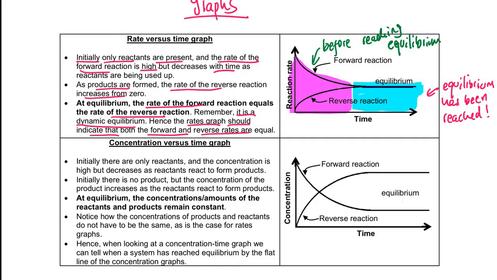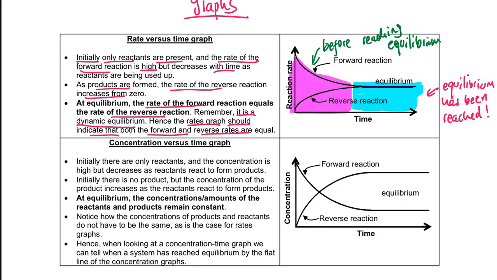I hope we are okay so far. Now, why am I highlighting this? Once we have reached equilibrium, people decide to mess with the equilibrium. They decide to add some stuff or remove some stuff.